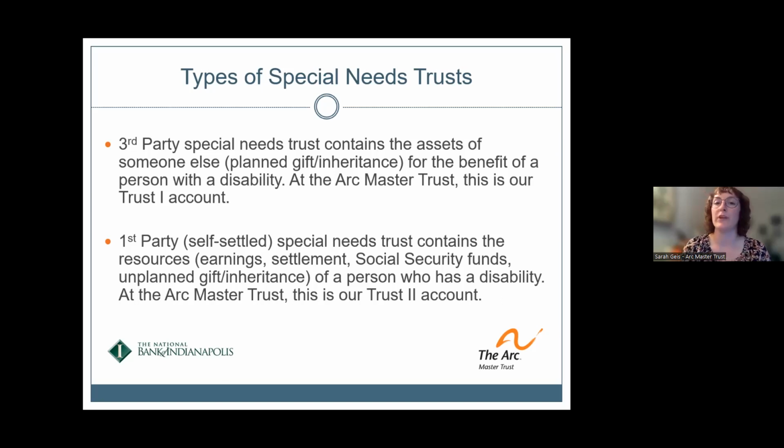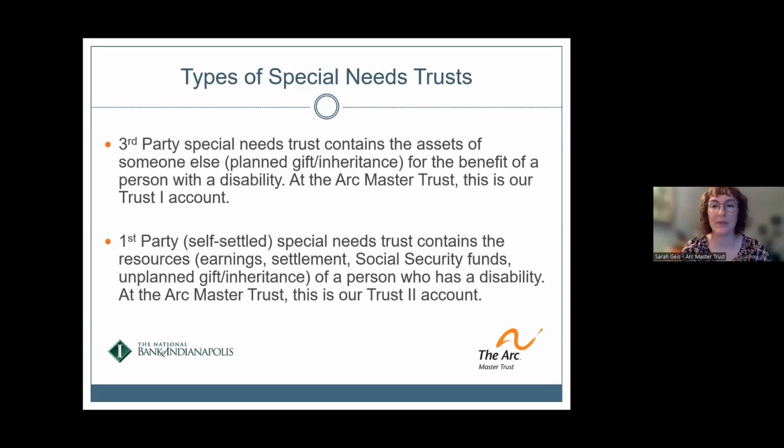It could also be a sibling providing for a sibling, or a friend providing for a friend. Usually when we're talking about third-party trusts, we tend to assume that there's a familial relationship. There does not need to be one. It's not required, but typically there is a familial relation, which is why we speak about third-party trusts in that way most often.